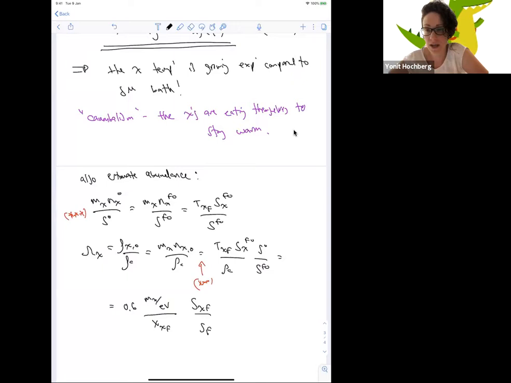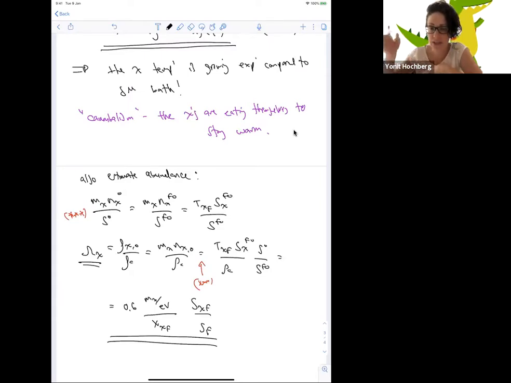What this equation tells you is that if we have a sector that's undergoing cannibalization and nothing else is happening, then unless we have a huge difference in the entropies between the sectors at freeze out, we have very, very light dark matter.